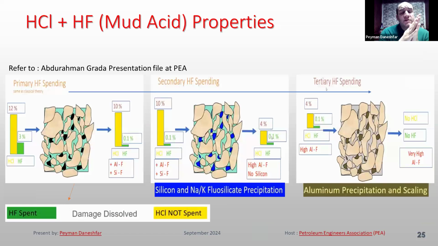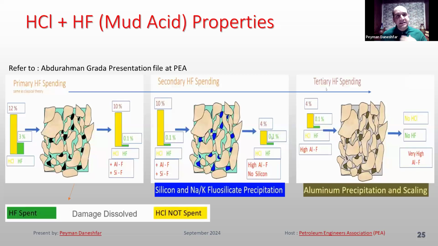And if you remember, I told you about the reaction of the HCl with HF, like a mud acid. You should keep it in your mind. When, in the first stage, HF and HCl go inside the formations, it's just HF expending, but the HCl will remain.